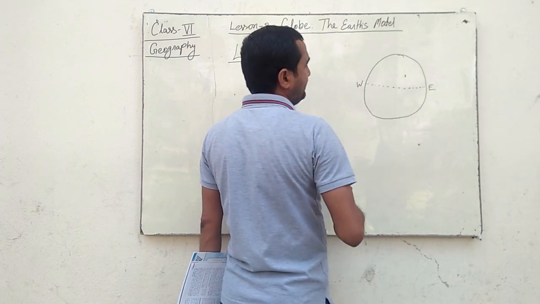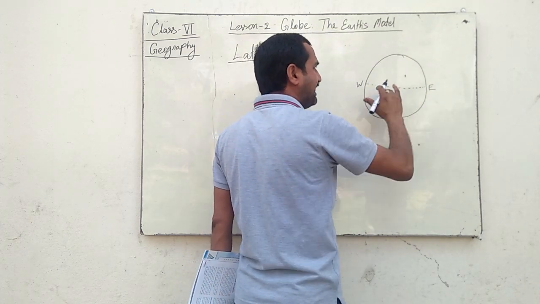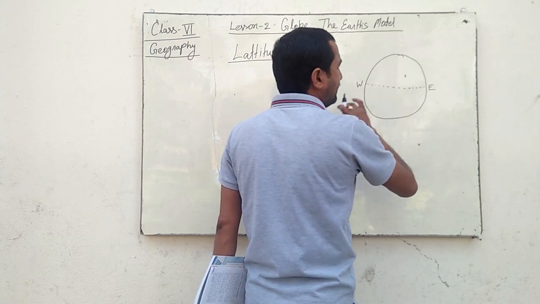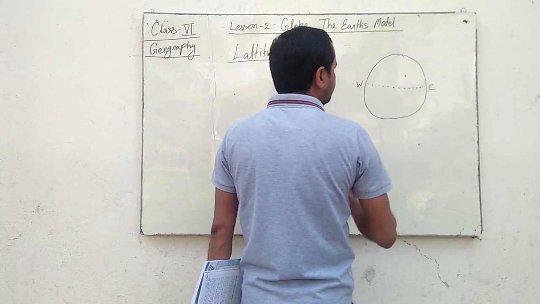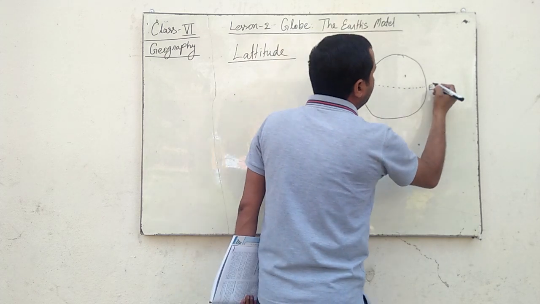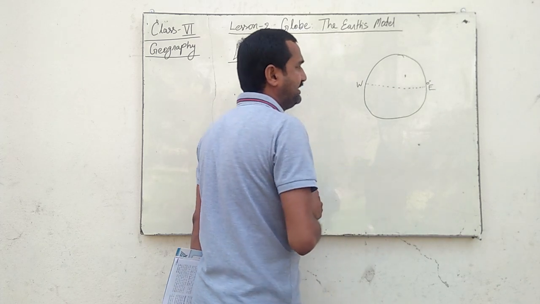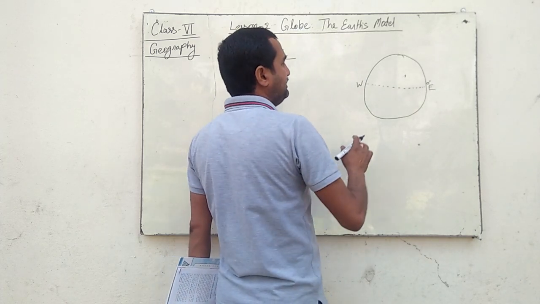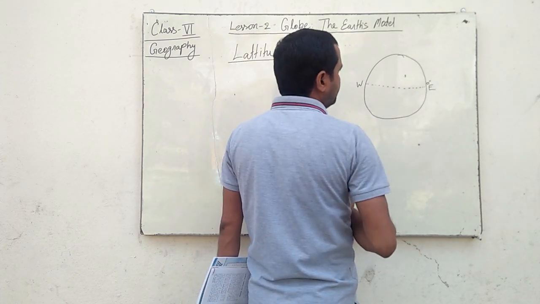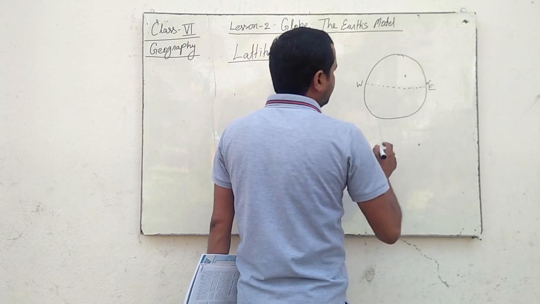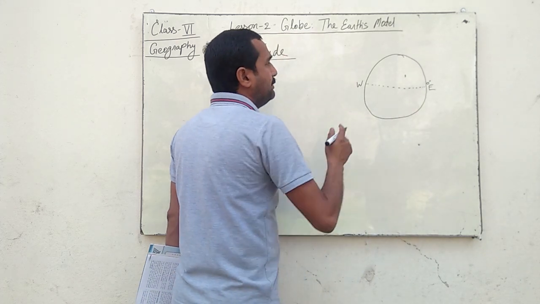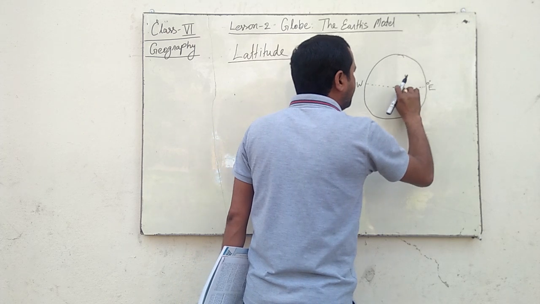One such line is located exactly in the middle of the earth, that is the globe. This line is called 0 degree latitude. Now why 0 degree? Because it is the starting point.